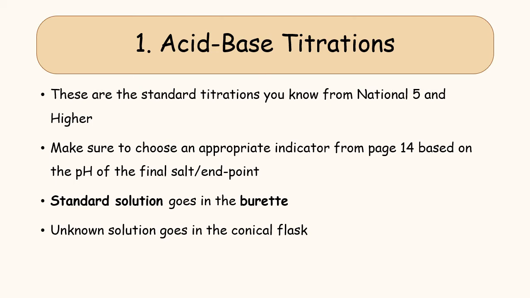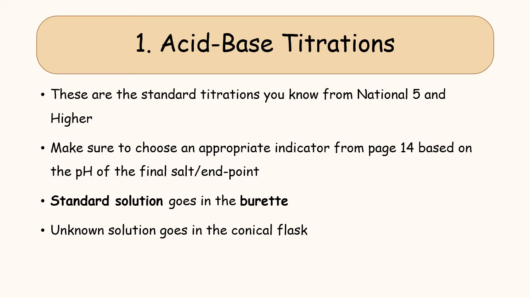These are the types of titrations that you know from National 5 and you've been doing over and over again. And so we're not going to go into too much detail about how to do them. The most important things to remember are, now that you are doing Advanced Higher, you could be asked to choose an appropriate indicator. Now remember, those are found on page 14 of the data booklet.